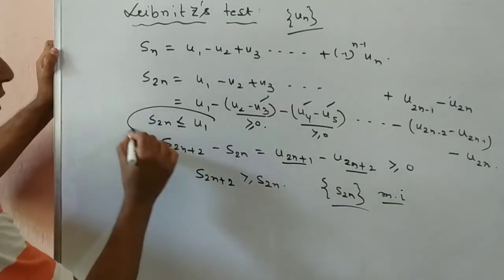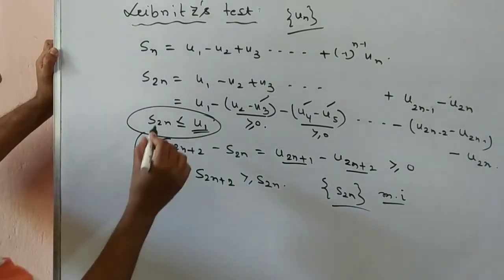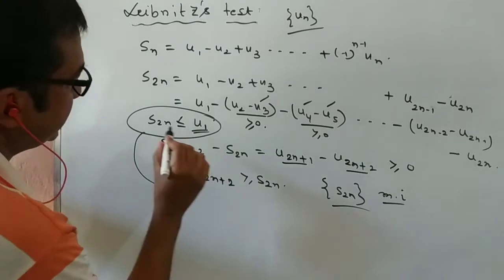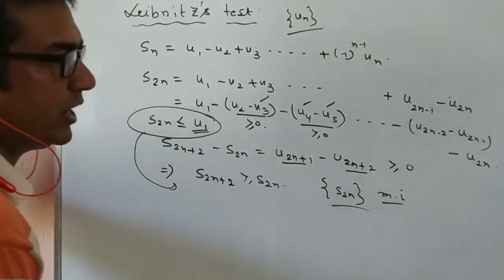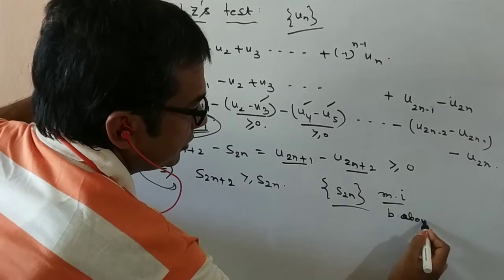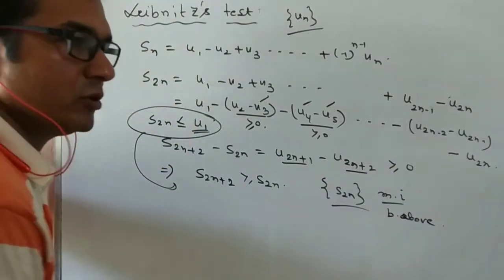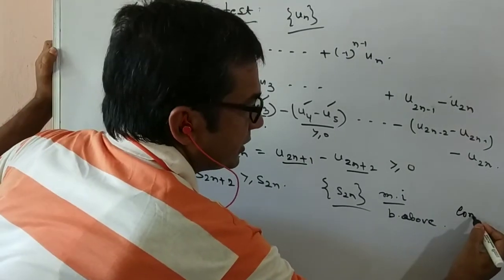And from this condition, since u1 is fixed, the sequence S2n is bounded above. So it is monotonic increasing and bounded above, so it must be convergent.